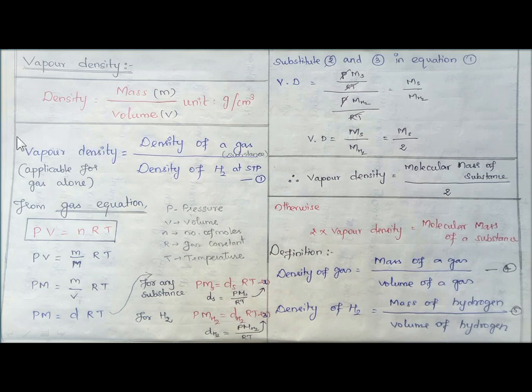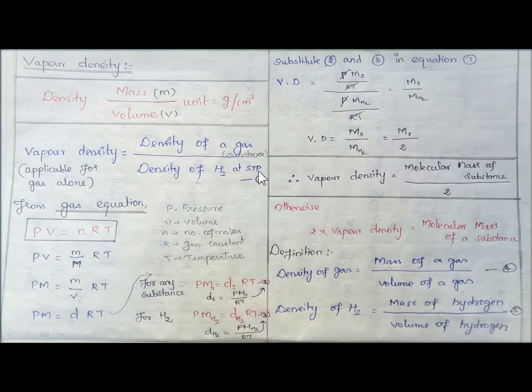What do you mean by relative? Relative means comparing. So we are comparing a substance with some other, remember. So that is what we have to understand. So vapor density is nothing but density of a substance or a gas divided by density of hydrogen at standard temperature and pressure. So wherever you come across this STP, which means standard temperature and pressure.